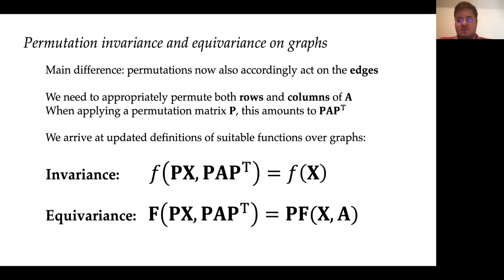For permutation equivariance, regardless of which permutation matrix I choose, it shouldn't matter whether I've applied the permutation matrix before or after applying my function. So the only different thing now is that we have the adjacency matrix A as an extra input to the function, and we transform it in a slightly different way than we transform X. But in all other senses, these two concepts carry over very naturally from sets.